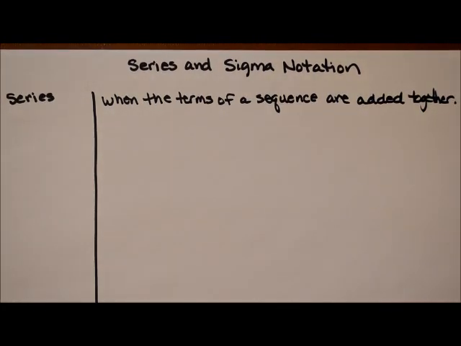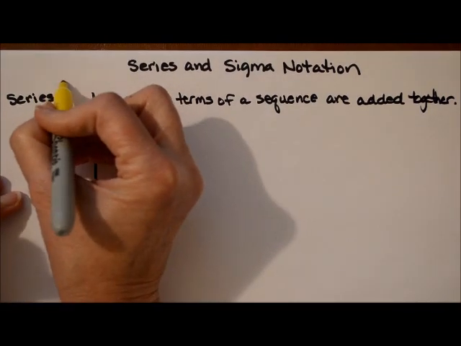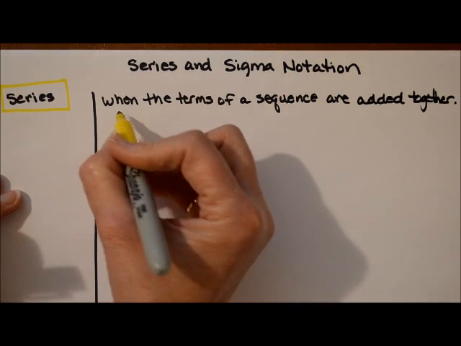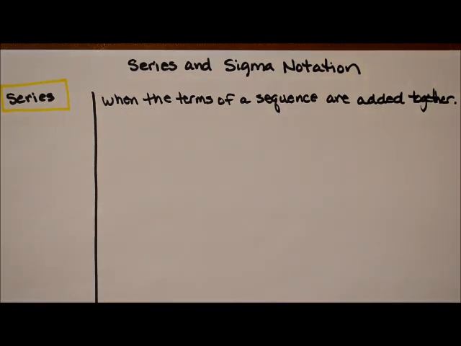Okay, when the terms of a sequence are added together, that's what a series is. So for instance, there's two types of sequences, and there's two types of series.